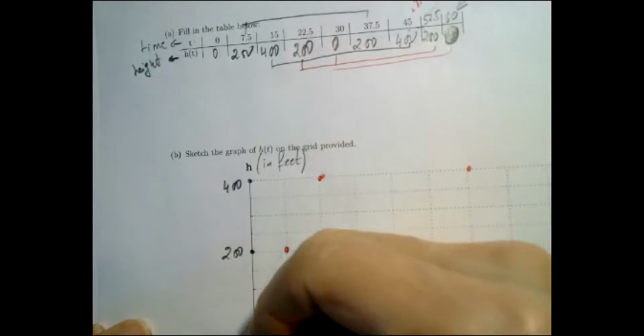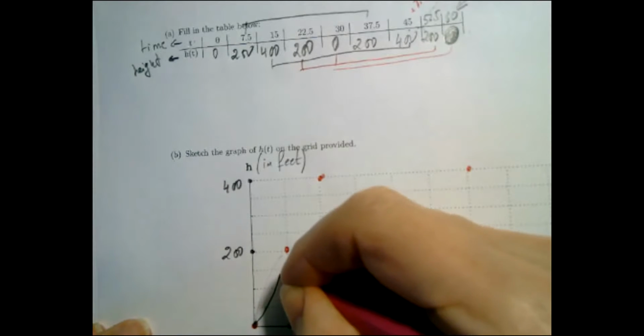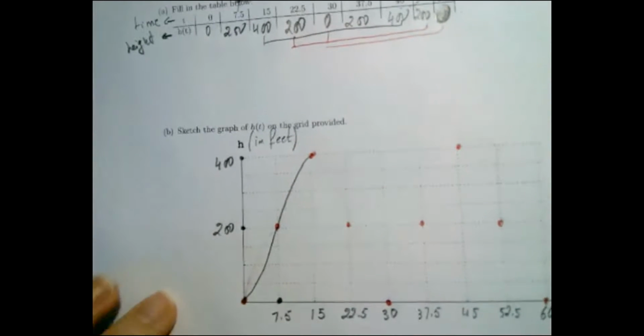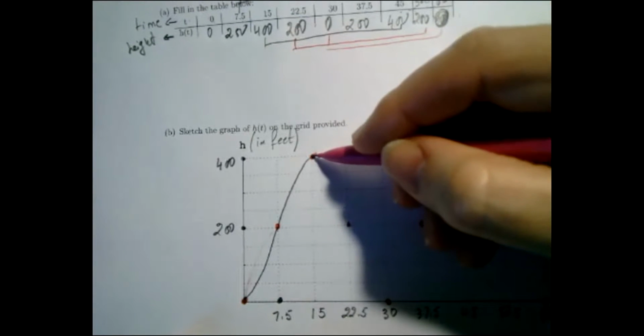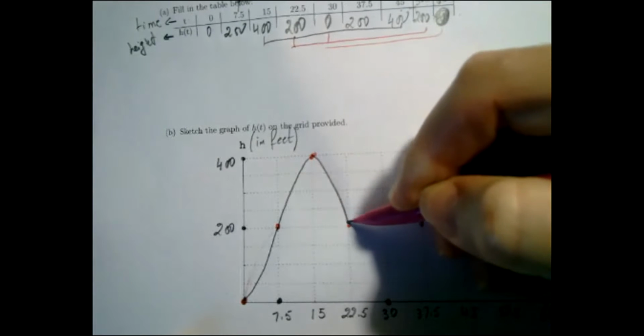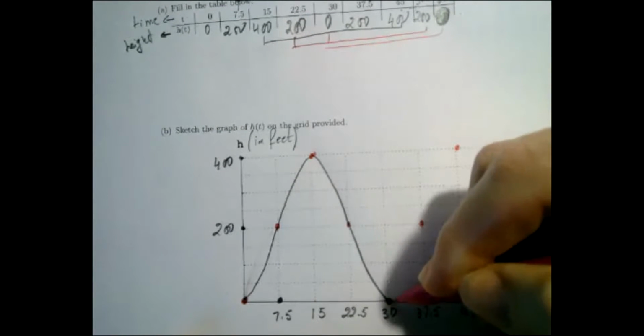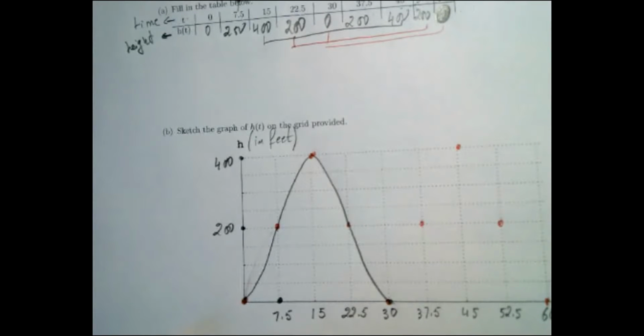The graph is going to increase, and then it's going to keep increasing up to 400. Now between 15 and 22.5, the height starts decreasing because we're heading toward the ground. So it's going to decrease, and then keep decreasing. At t equal to 30, I am back at ground level. Okay, so that's really the idea of the graph.